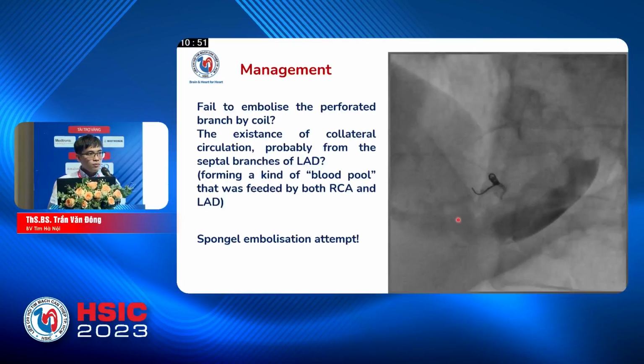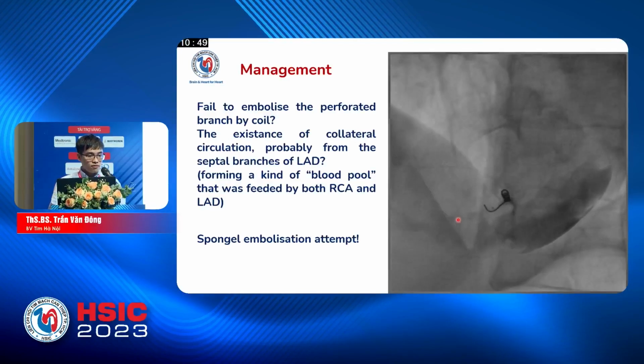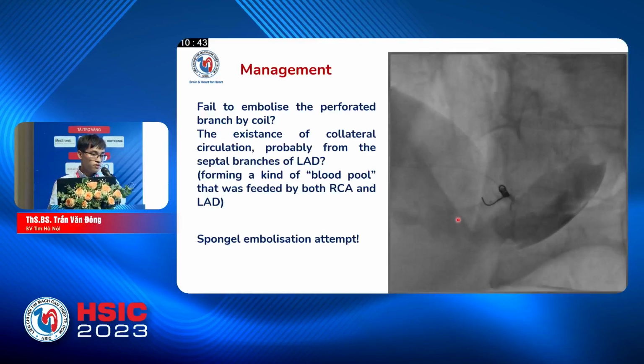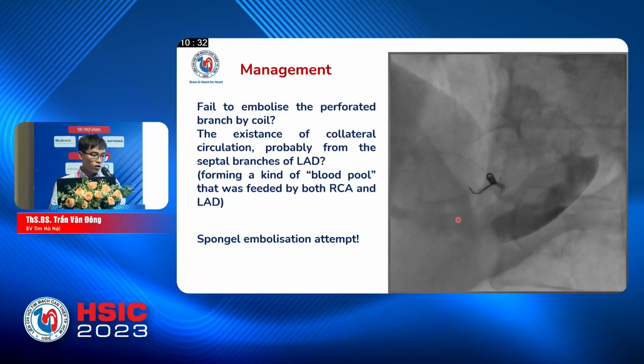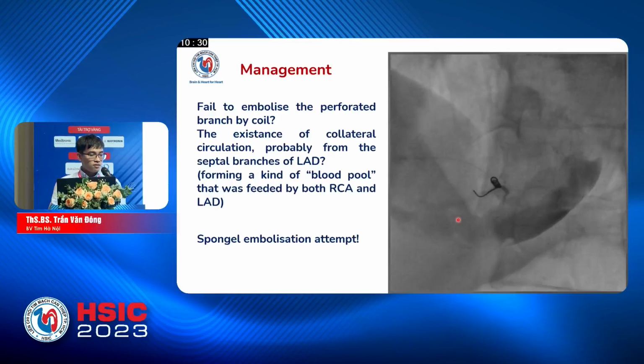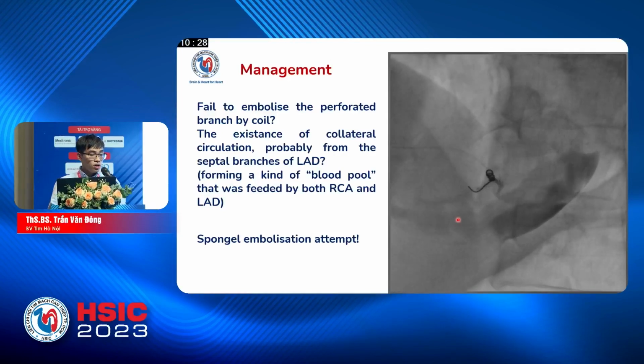You can remember from the first angiograph that there is some kind of collateral circulation, probably from the septal branches of the LAD to the RCA. So that could be the cause of the failure to embolize the perforated branch by coil, because it was kind of forming a blood pool that was fed by both the RCA and LAD.